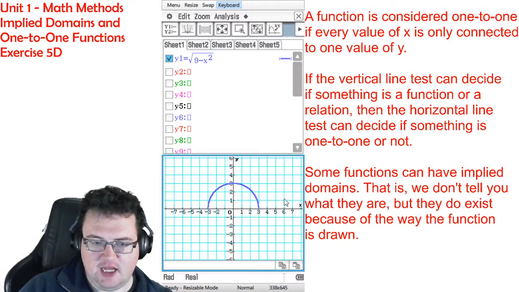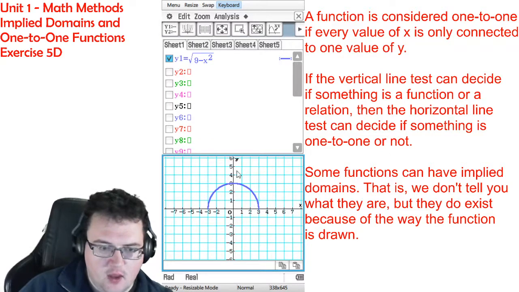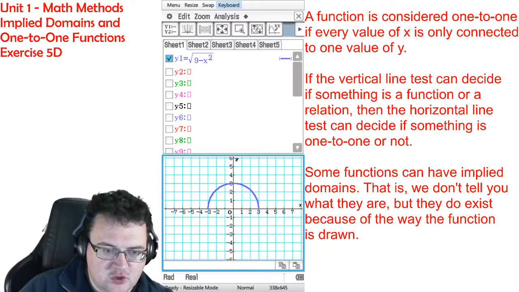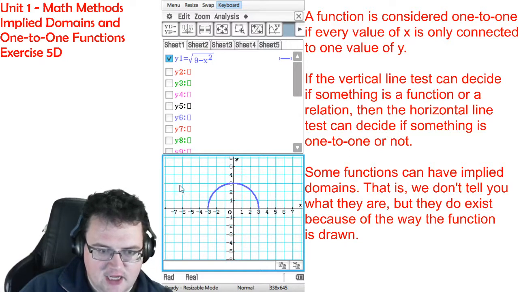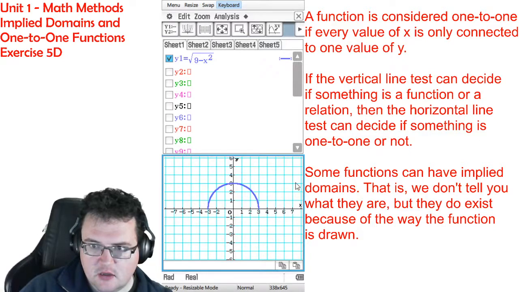If I cut it here, it cuts twice. But if I draw the line at exactly the right place, it touches it just once. So what does that mean? Is it a one-to-one function or not? Because if I cut it here, it only touches once.